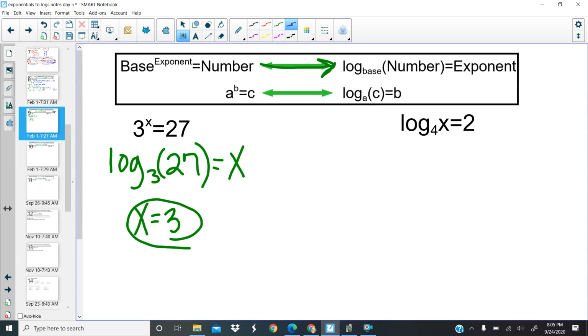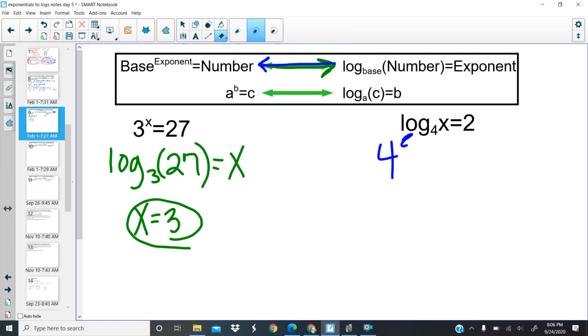So then in my other problem, we have log base 4 of x equals 2. So this time we have the log form, and we need to go back to the exponential form. So the first thing that we need is the base, and the base in this problem is that 4. And then the next thing we need is the exponent, and the exponent is whatever is on the other side of the equal sign.